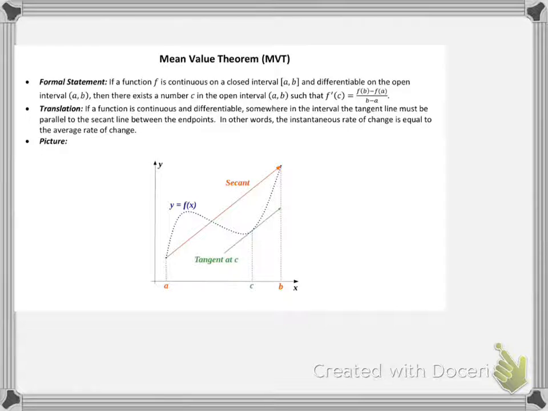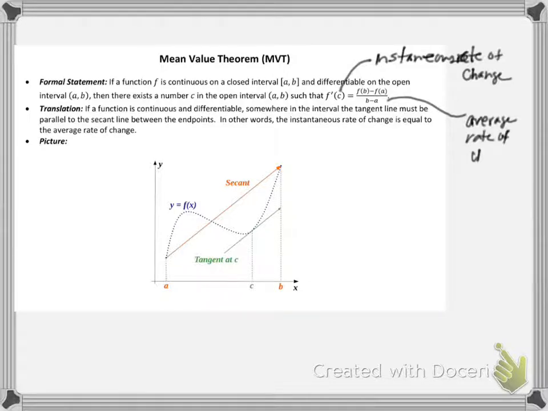So remember, I keep saying that f prime of c is called the instantaneous rate of change. And f of b minus f of a over b minus a is called the average rate of change.